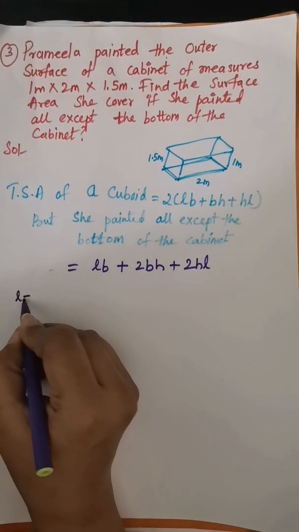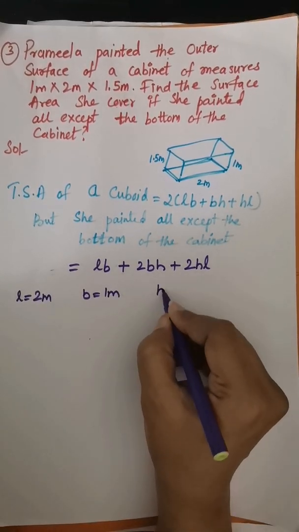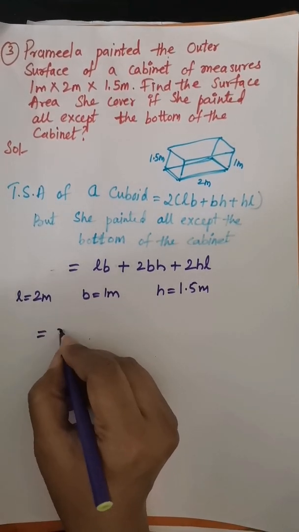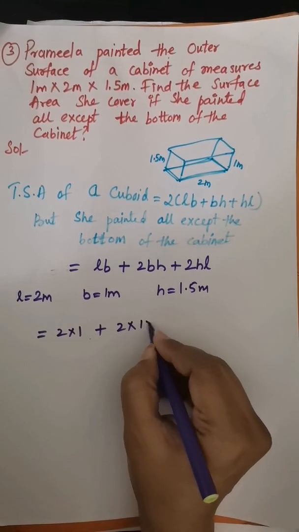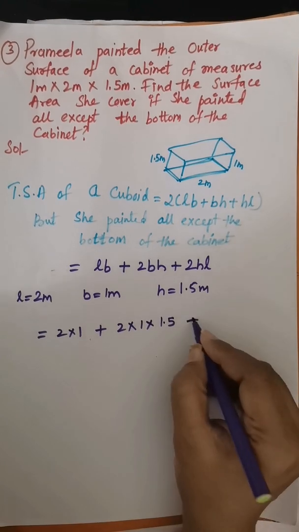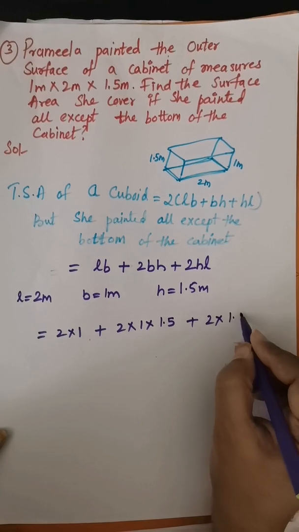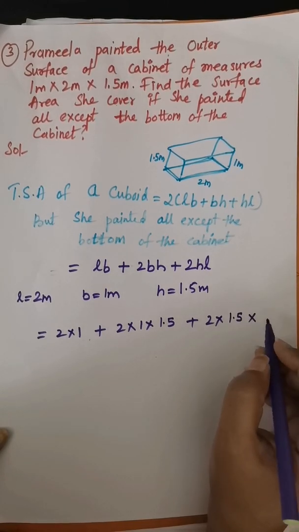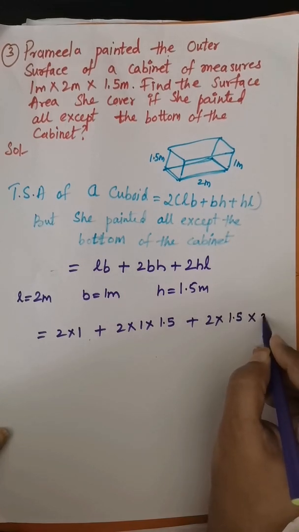Now here L we will take as 2 meter, B as 1 meter and H as 1.5 meter. So it is 2 into 1, plus 2 into B which is 1 into H which is 1.5, plus 2 into H which is 1.5 into L which is 2.